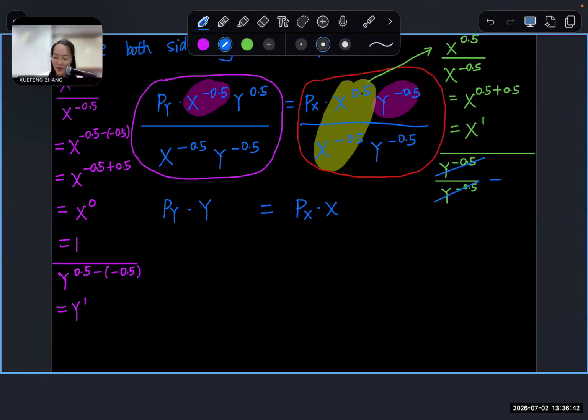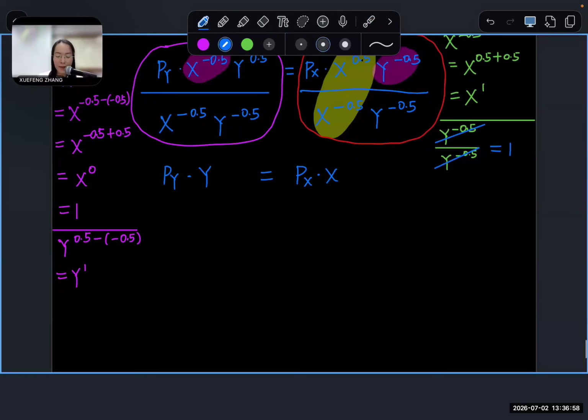Which equals 1. Or you can use the way that I showed you here. So here, y negative half minus negative half, which means negative half and the positive half are going to cancel out. Okay, so we have py times y equal px times x.